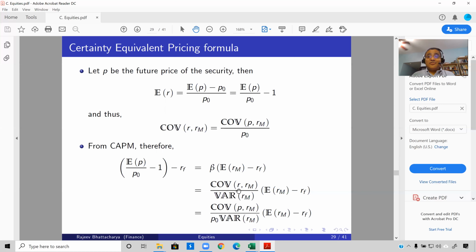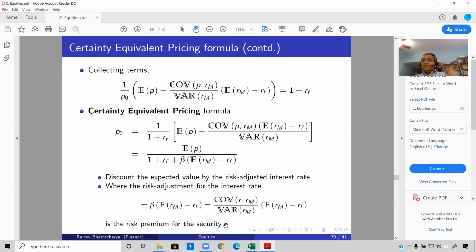So that's great that we have this expression from the capital asset pricing model. We rewrite this and collect these terms, and we then see our objective, which is today's price. This is the certainty equivalent price, because remember, we don't know what tomorrow's price will be. That's the uncertainty.